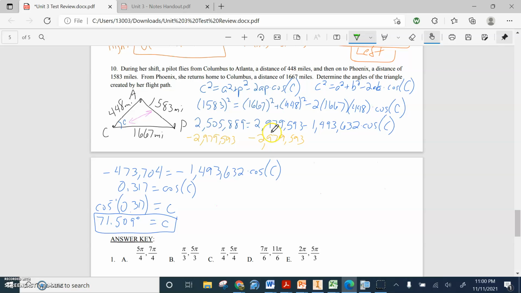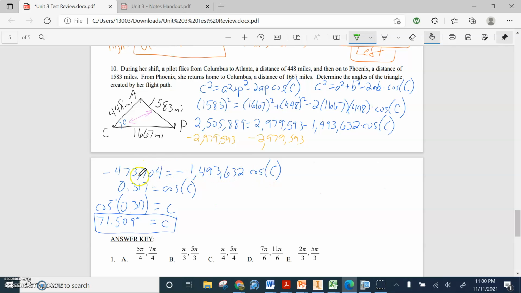What we can do, in orange, is subtract 2.979 million from both sides. That leaves us, first of all, with negative 473,000 on the left, because we had 2.5 minus almost 3 million. It leaves us with just the cosine times 1.4 million on the right side.